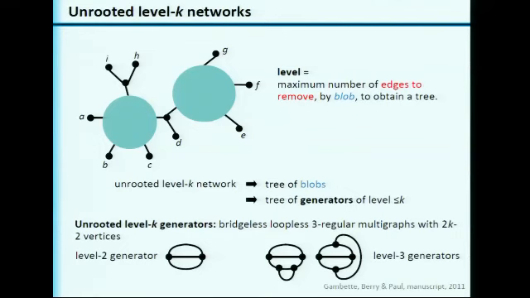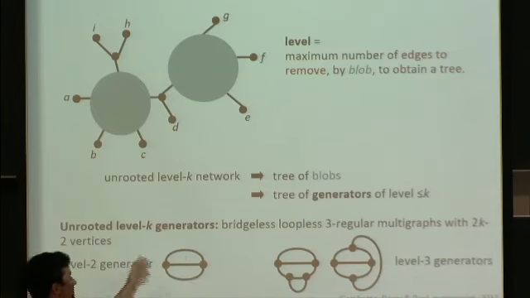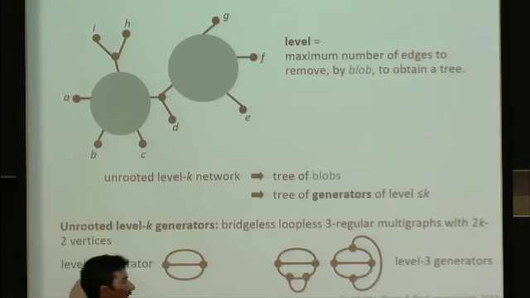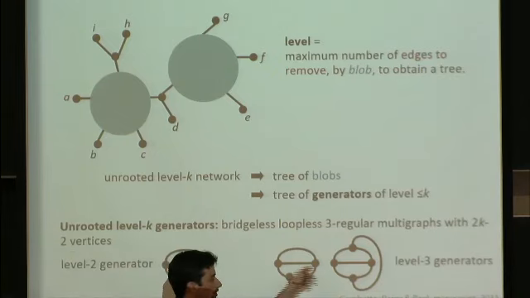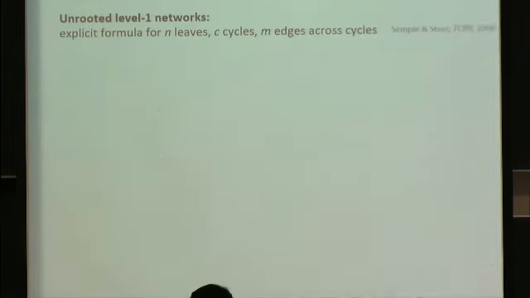So when you fix the level, you build those level K networks as a tree of those generators. And if the network has level 2, then you only have one generator. So you just put them together with also tree parts and also simple cycles. And when you go to level 3, then you have 2 other generators to obtain more complex structures.